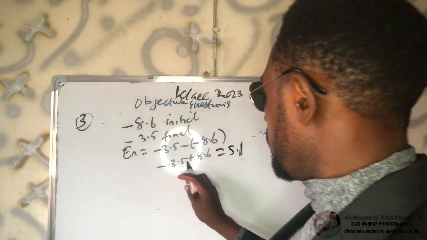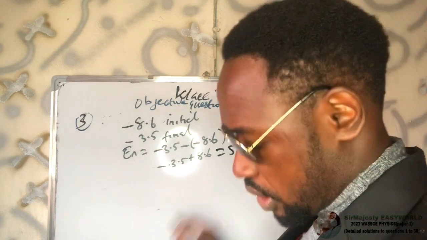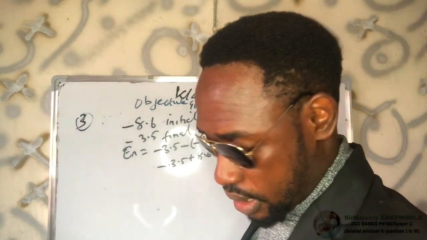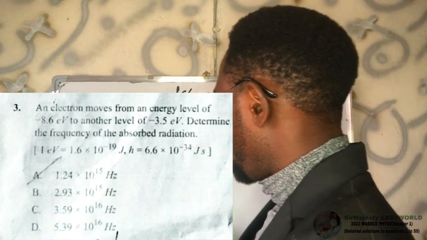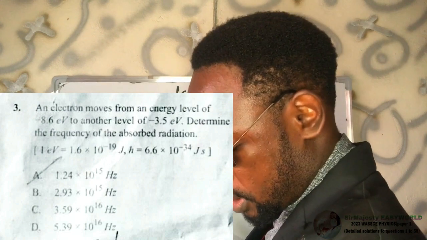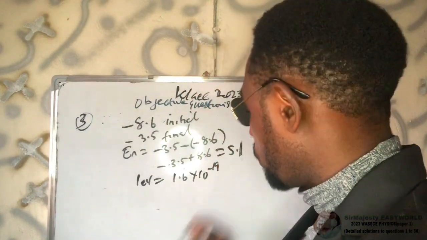Then 1 electron volt is given in the question as equivalent to 1.6 times 10 raised to the power minus 19 joules.